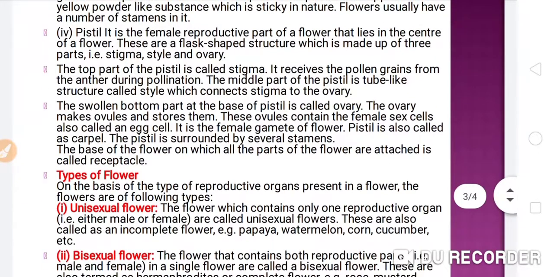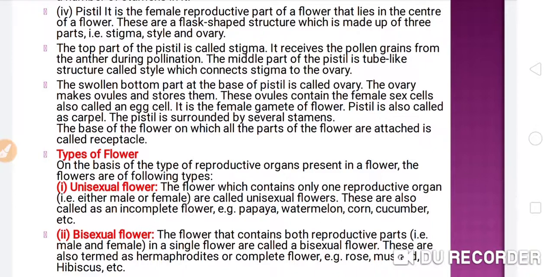The swollen bottom part of the base of the pistil is called the ovary. The ovary makes ovules and stores them. These ovules contain the female sex cell, also called the egg cell. It is the female gamete of the flower. Pistil is also called a carpel. The pistil is surrounded by several stamens.